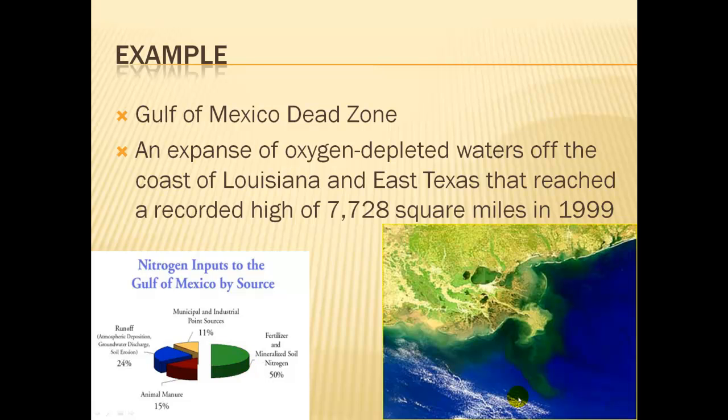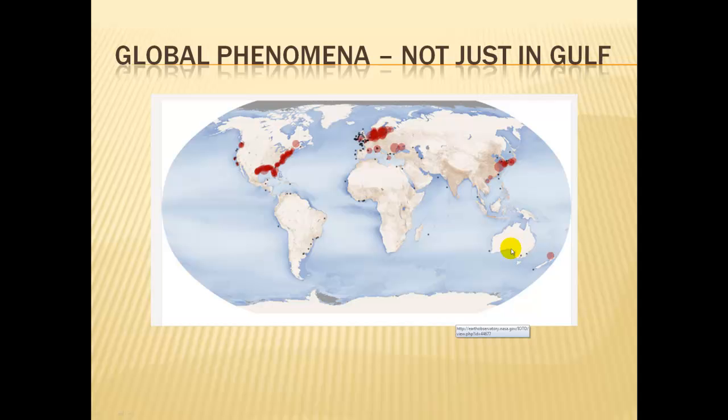This is an issue, and this is not just an issue that occurs in the Gulf of Mexico. This is a global phenomenon. Now you'll notice that I have a link to this. I would encourage you to look at this actual lecture, click on this link, and look a bit more into these different hypoxic zones, but these are all over the world. This occurs in the Chesapeake Bay. We'll visit that when we get into our water unit.